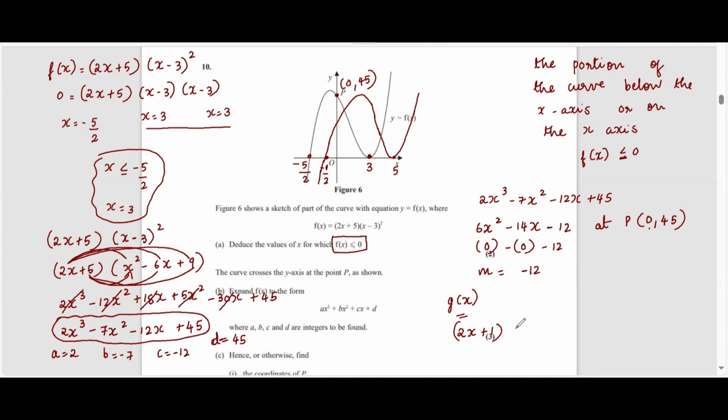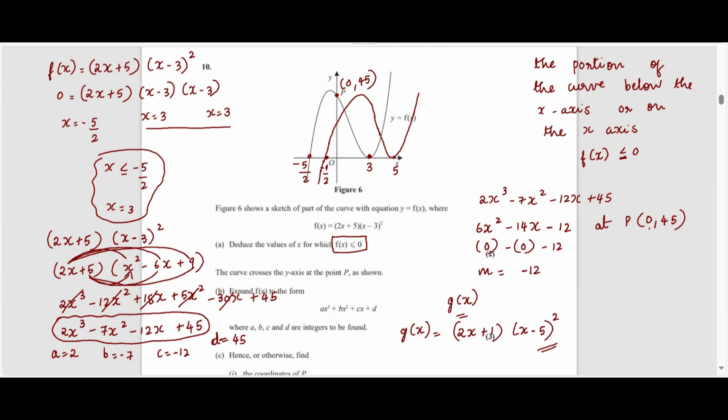And 5, we know that is x minus 5. X minus 5, when you equate it to 0, you will get 5. Since we have a repeated root at 5, you square it. This is the factorized form of g of x.